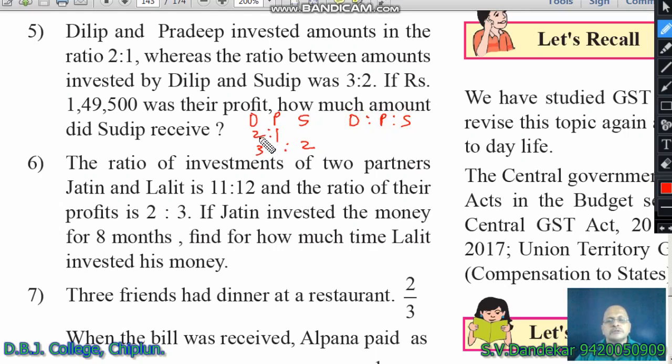So this ratio becomes 6 is to 3 and this ratio becomes 6 is to 4. And therefore the ratio of Dilip is to Pradeep is to Sudip is 6 is to 3 is to 4. Now divide the profit in this ratio 6 is to 3 is to 4. You can solve this at home.